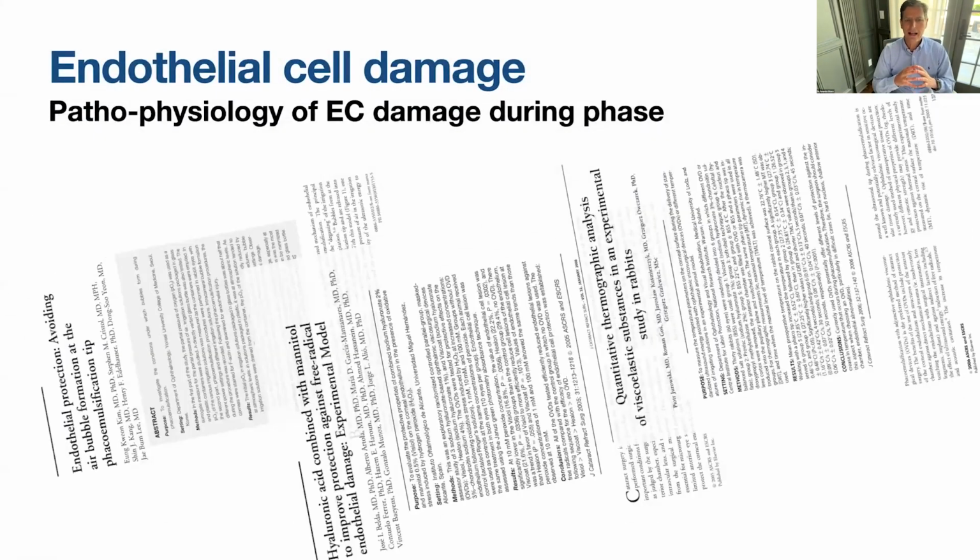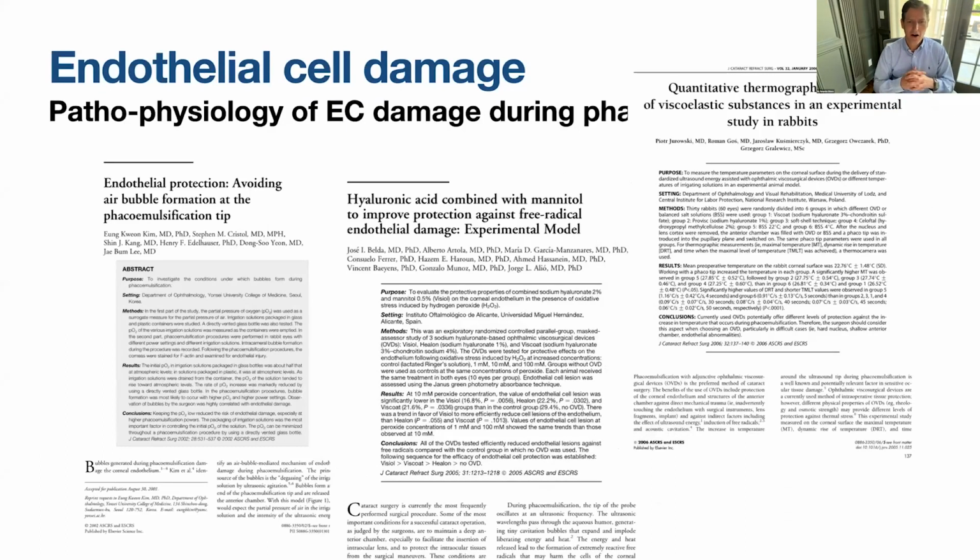So can we protect our endothelium? That's always the big question. Can we really take care of protecting the endothelium? There are various experimental studies that show how we can protect the endothelium.